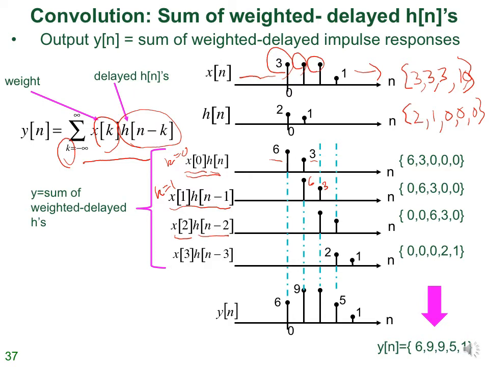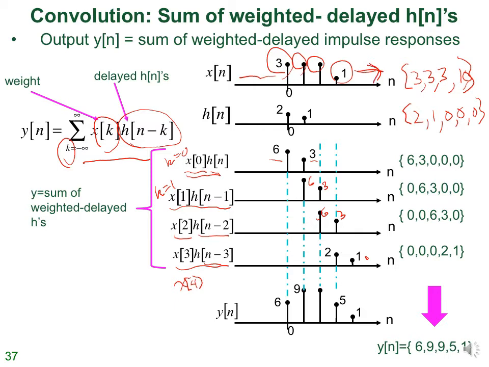And finally, x of 3. Now x of 3 is a 1, but it multiplies again shifted, so I get a 2, 1 for this last shift. If I went to x of 4, I don't need to worry, because the weights are 0 beyond that last point. And so I've completed all my non-zero shifts and weights.